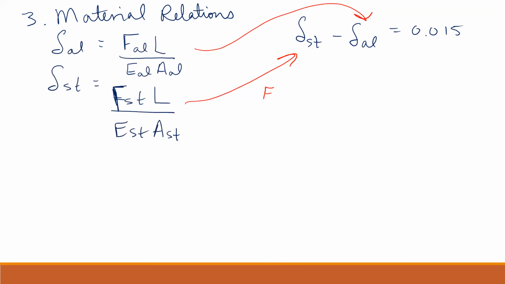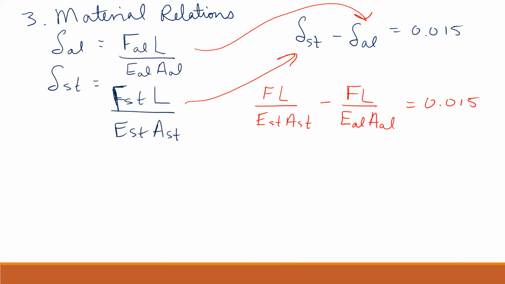What did it say? The forces equal each other, so I'm going to drop the subscript on my F's and just let them both be F. So we have FL over E steel A steel, minus FL over E aluminum A aluminum, equals 0.015.